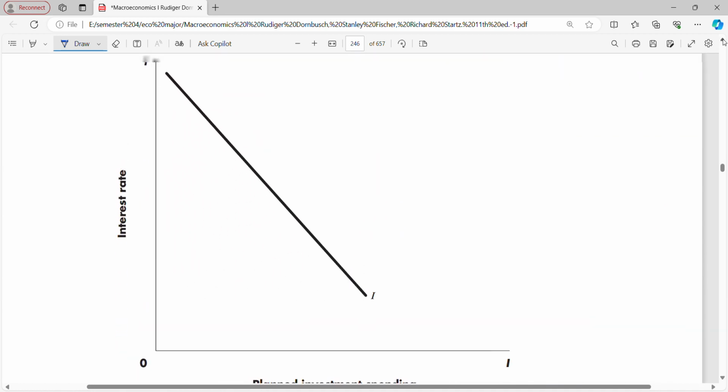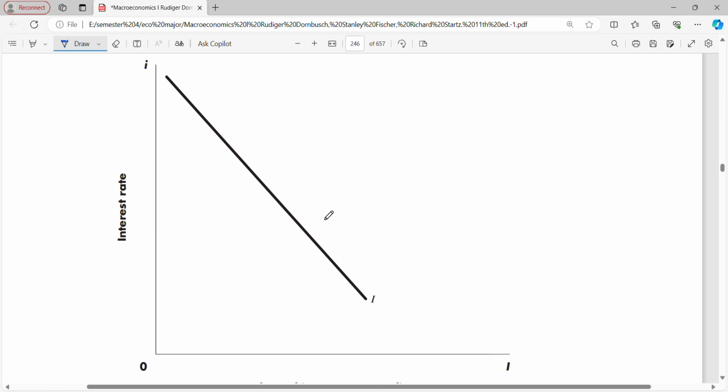So this is how the investment schedule looks. This is the interest rate, small i, and this is the investment. When the interest rate is higher, you will have investment lesser, near to zero. When it decreases, you will have more investment.